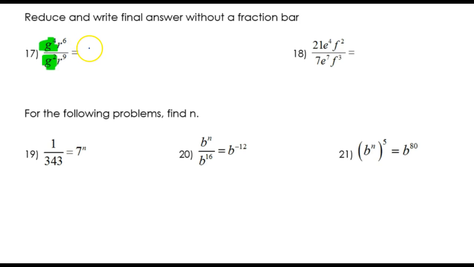We subtract the exponents because the bases are the same, and that gives us g to the 2nd power. R to the 6th divided by r to the 9th gives us r to the negative 3rd power. When we express that with positive exponents, we get g squared over r cubed, or r to the 3rd. That is our final answer.